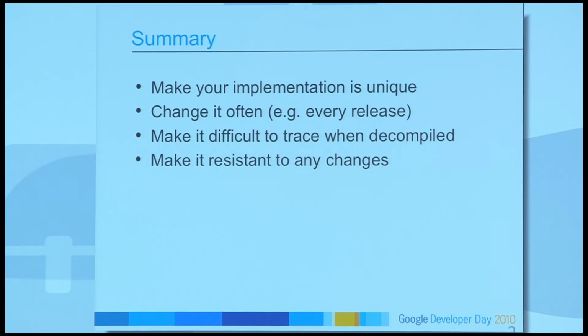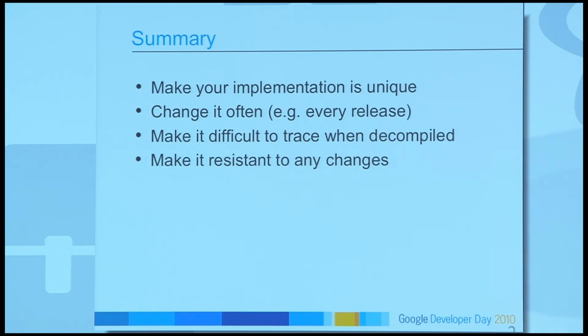So in summary for this section, make sure your implementation is unique and change your implementation often. Consider doing that every release, and you don't have to make a lot of changes. Sometimes even a small change is good enough to give the hacker a headache.